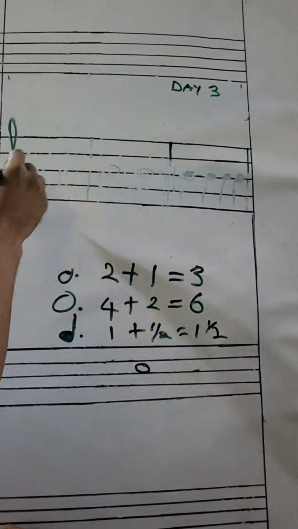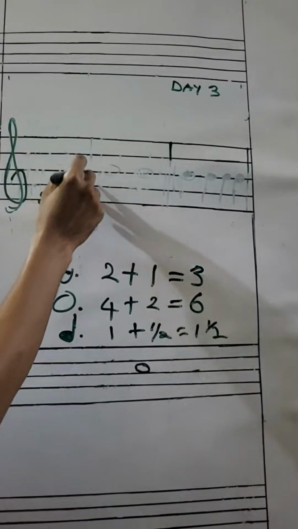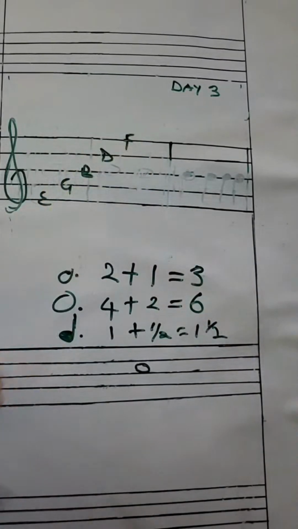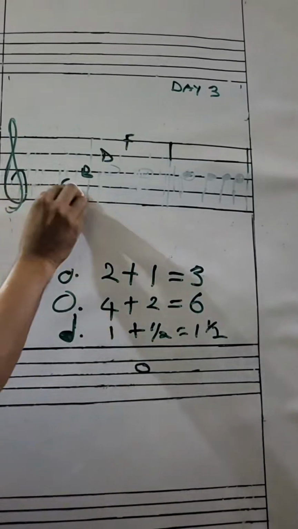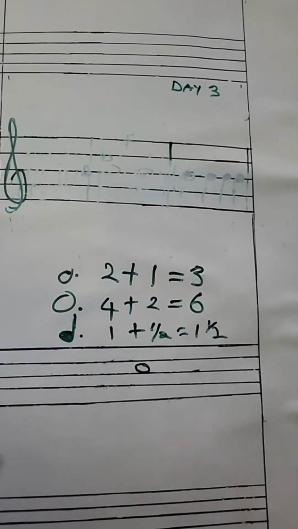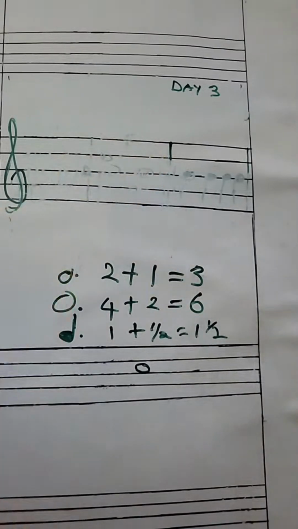So we established that your first line is E, G, B, D, and F. Now, you see this today, I believe you've not been seeing this E, G, B, D, F. What you have been seeing is the different notes either on the line or the spaces.